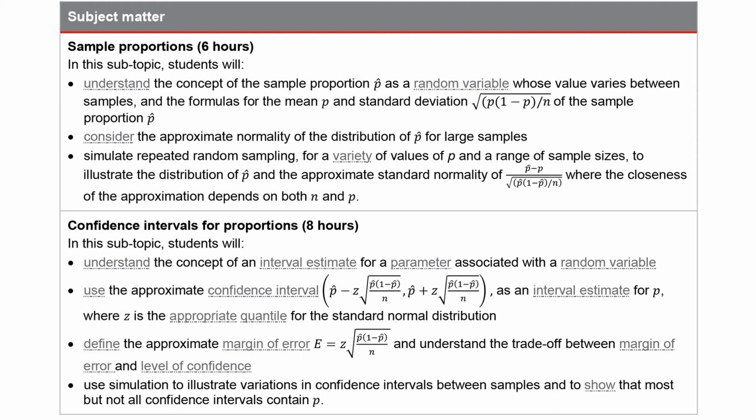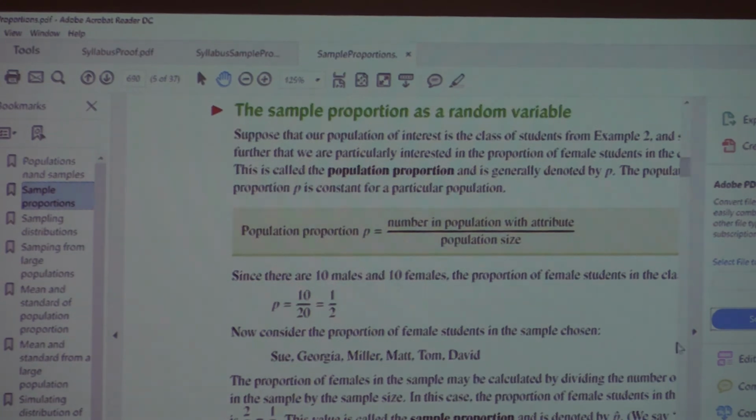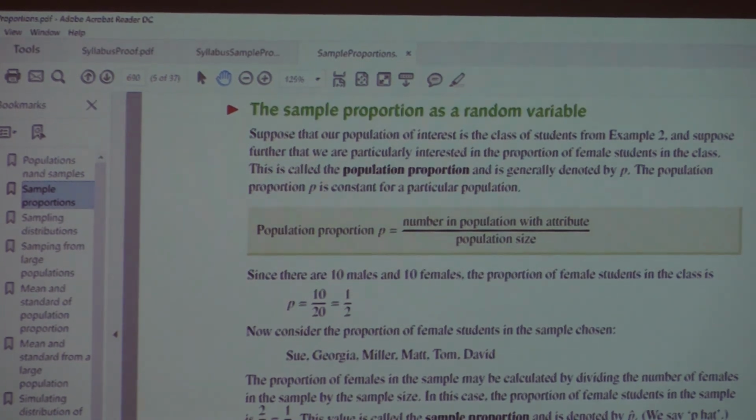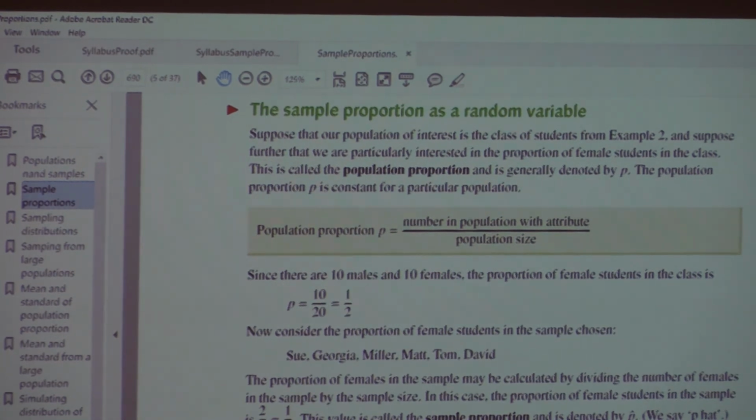So first of all, a nice gentle introduction to what a sample proportion is. It talks about population samples, then it talks about what a population proportion is, and notice that for the first time there, it's defining this thing called a sample proportion.